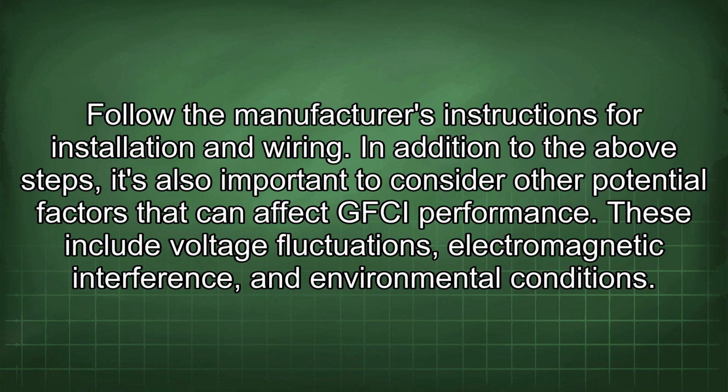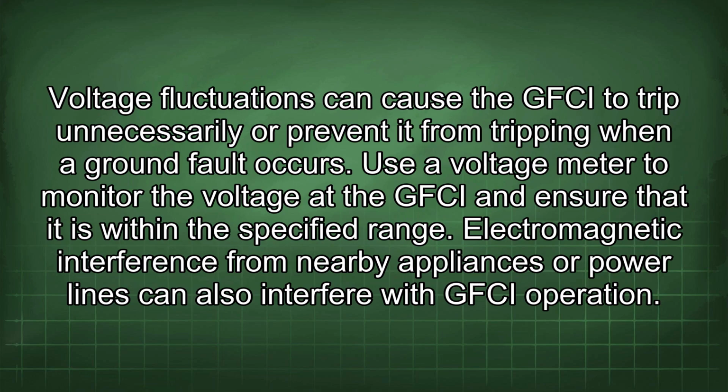In addition to the above steps, it's also important to consider other potential factors that can affect GFCI performance. These include voltage fluctuations, electromagnetic interference, and environmental conditions. Voltage fluctuations can cause the GFCI to trip unnecessarily or prevent it from tripping when a ground fault occurs. Use a voltage meter to monitor the voltage at the GFCI and ensure that it is within the specified range.